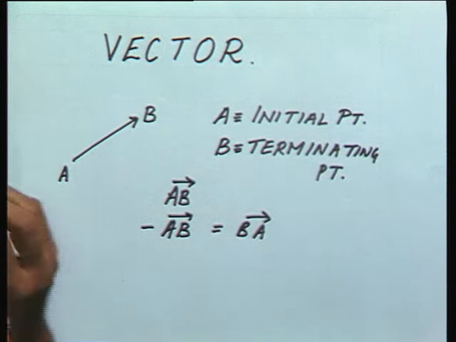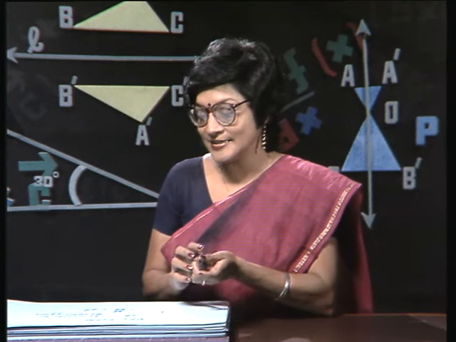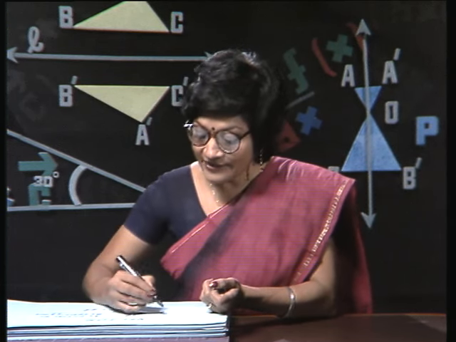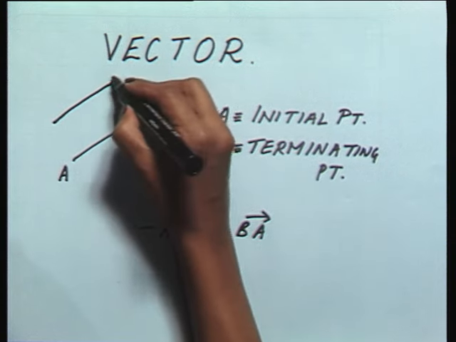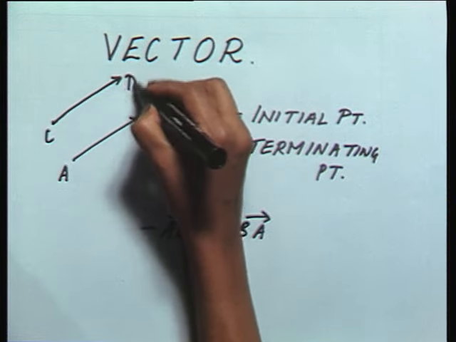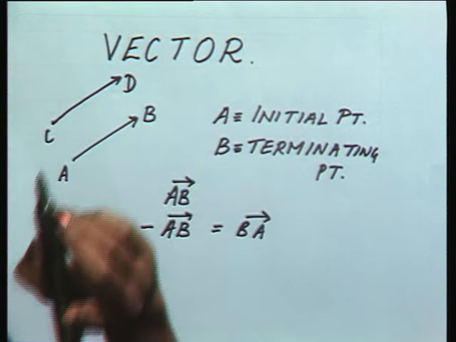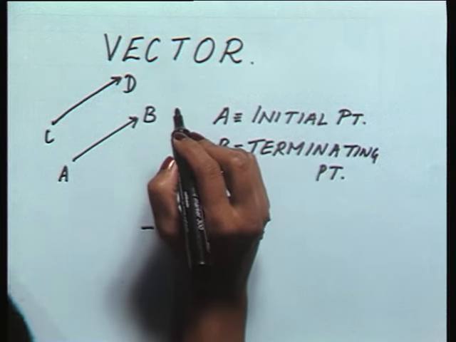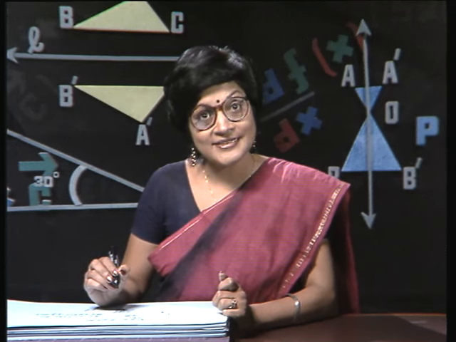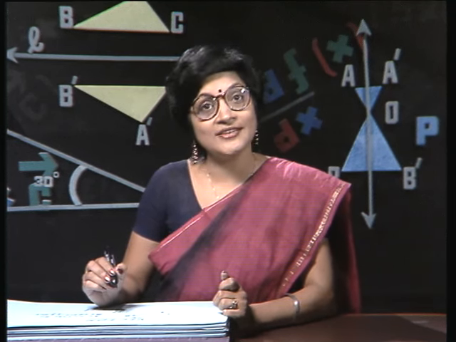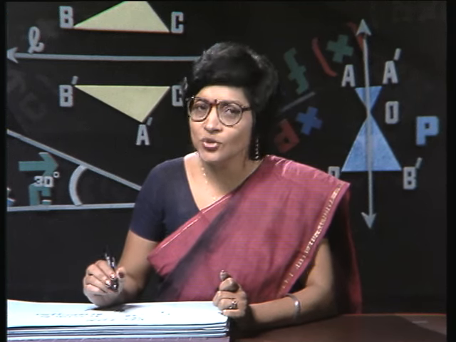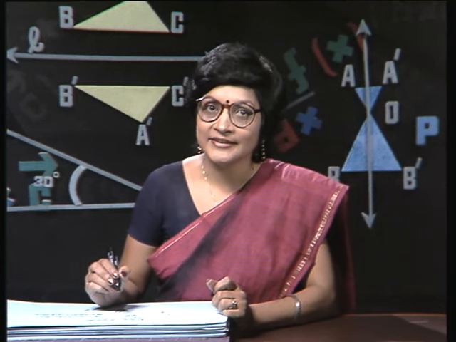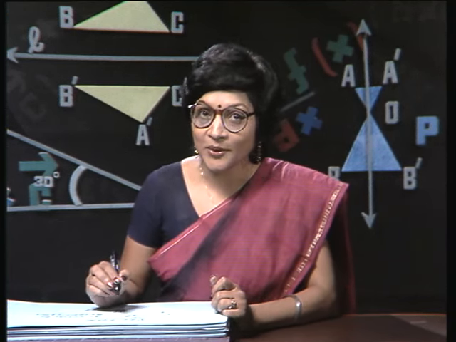Now, I'd like to ask you a question. Suppose you have two vectors AB and CD, and if they have the same length and are parallel to each other in the same sense, which means that the arrows point in the same direction, then do they not represent the same direction and do they not have the same magnitude? In other words, should they not represent the same vector? That is exactly how it is.